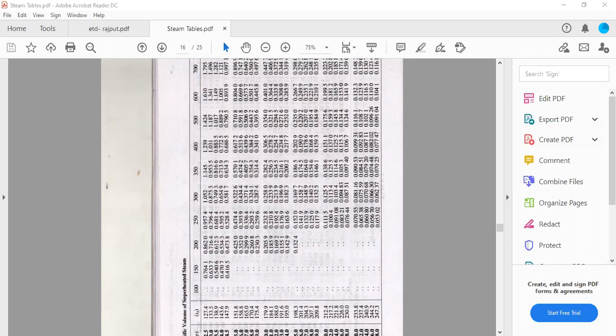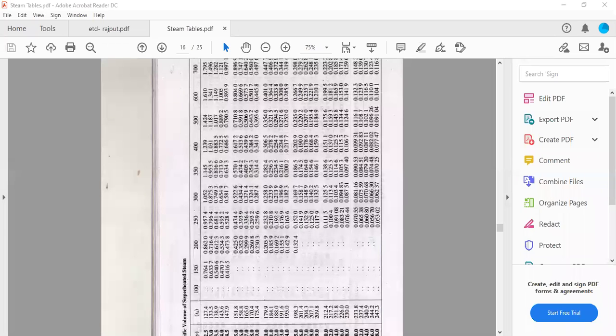And here the units of H1 and H2 should be substituted in joule per kg, or C2 square by 2 minus C1 square by 2 is to be divided by 1000. In whatever way you adopt, you have to adopt. Either H1 and H2 should be substituted in joule per kg, or, for example, here 2850 is substituted as it is here.